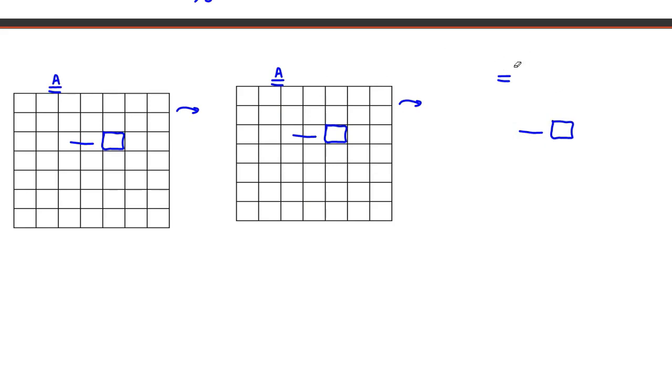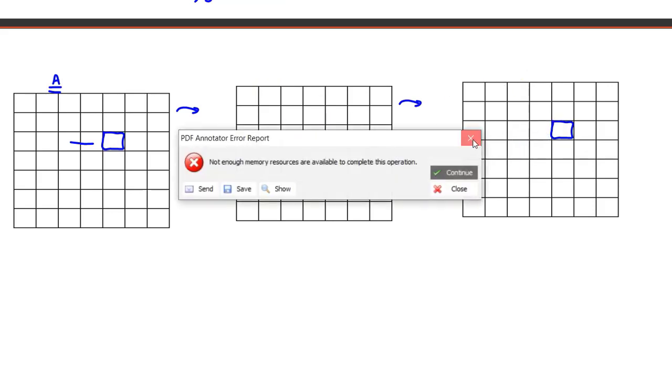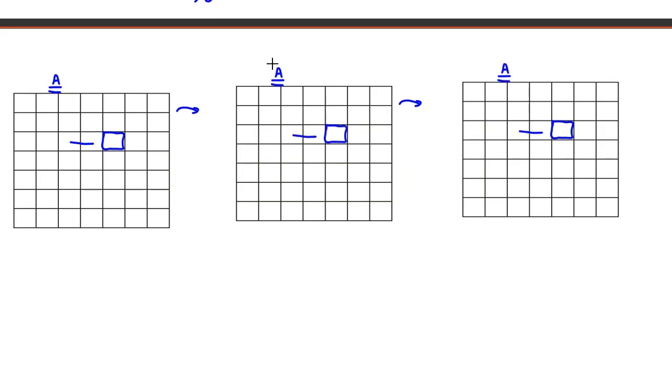Now let me erase this part. B and E are equal. Okay, so we say what?